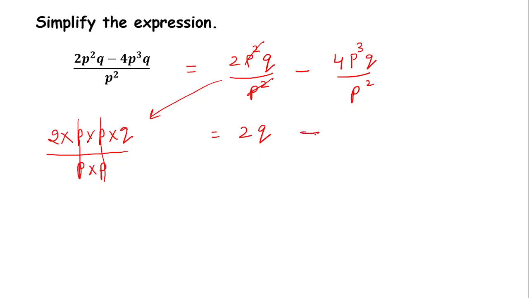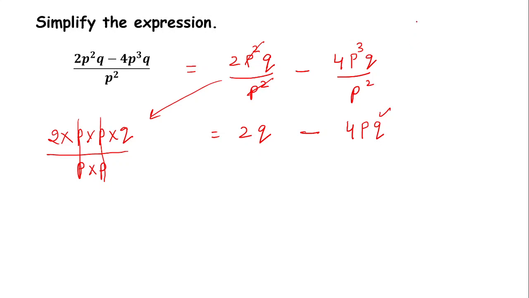Minus. How do you simplify this? If you simplify this whole thing, you will get 4 times PQ. That's the final answer. But how did I get 4 times PQ?